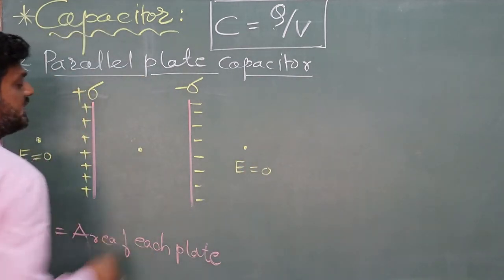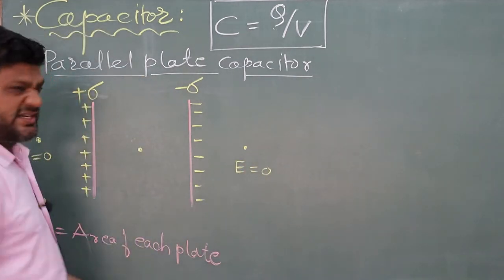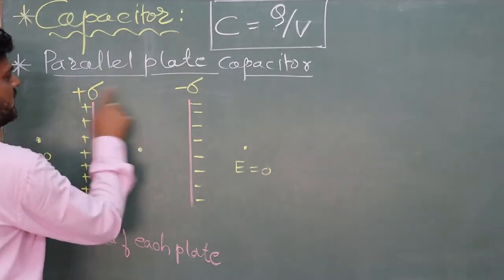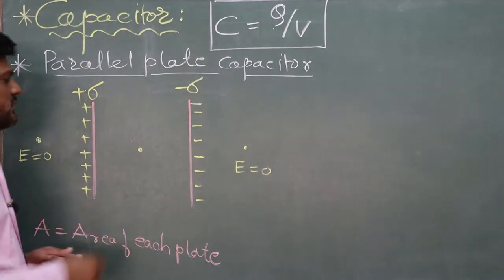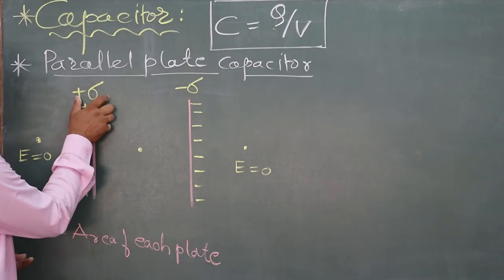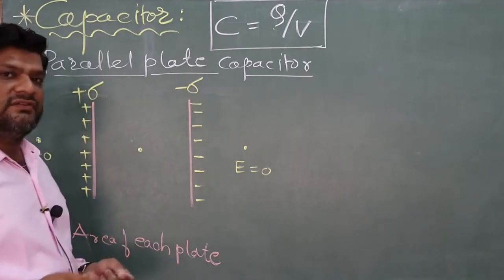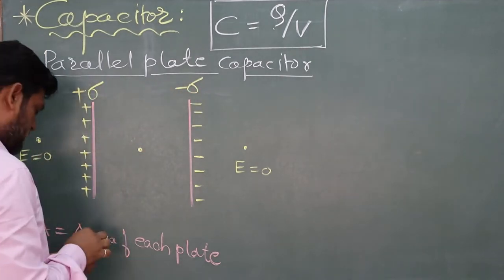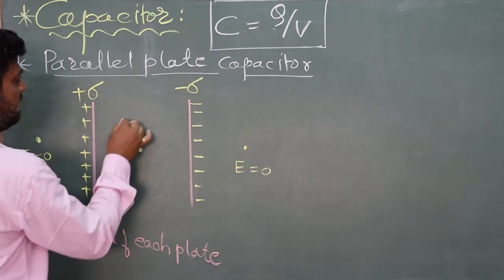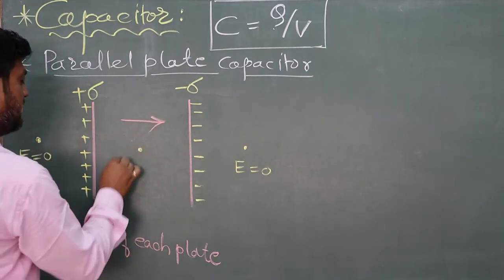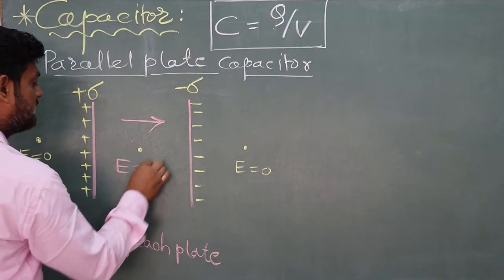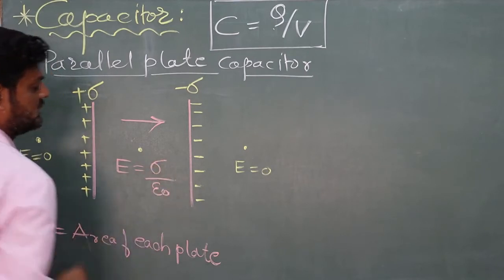And what is the electric field inside the two plates, when the two plates have positive surface charge density and negative surface charge density? The direction of the electric field inside will be like this, and the value of E equals sigma divided by epsilon 0.